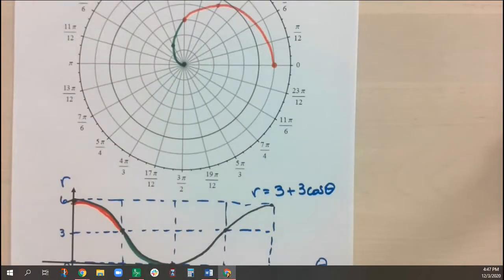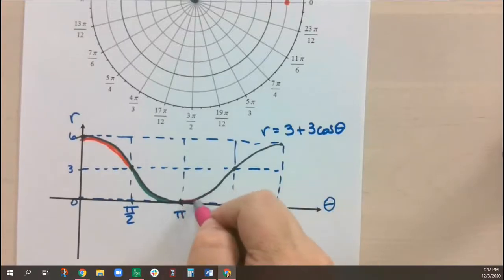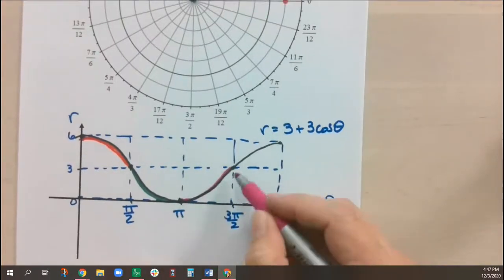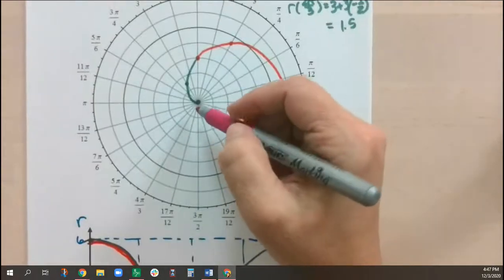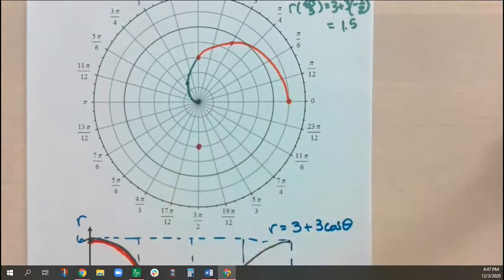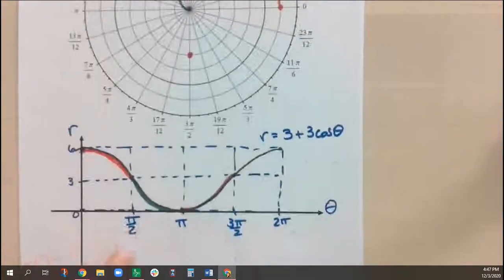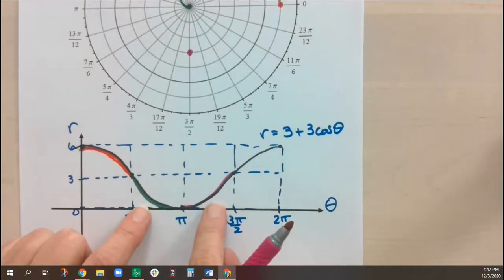Let's move on to quadrant 3. Of course, we're going to pick up where we left off, and it's going to go out to 3 on the 3 pi over 2 spoke. So 3 pi over 2, 1, 2, 3. And notice down here, we of course have symmetry. It's one thing I love about trig graphs is all the symmetry that's there.